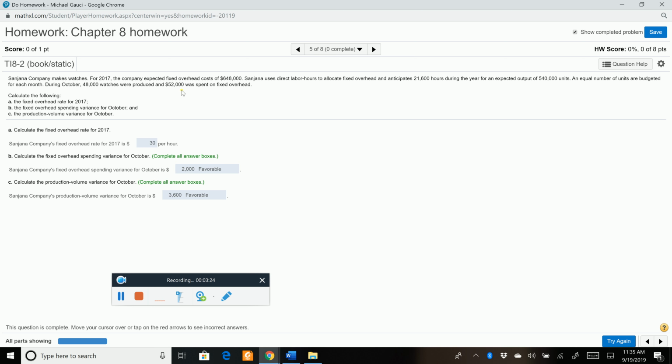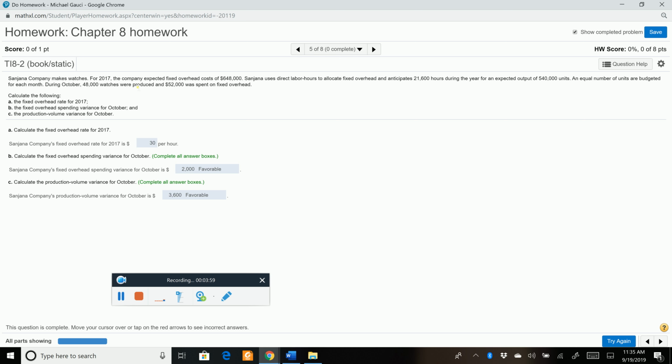For the year, if we're anticipating spending 21,600 labor hours to make 540,000 watches, 21,600 divided by 540,000 works out to 0.04 hours. Almost nothing, right? 0.04 hours per watch. And during October, 48,000 watches were produced.